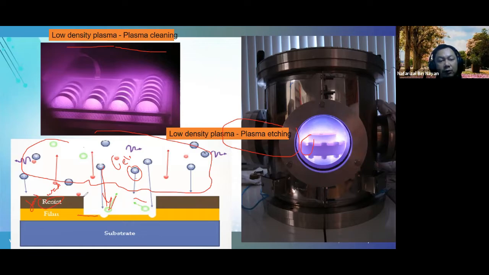The area that we don't want to remove is here, and the area that we want to remove, we expose to the plasma. When this area is exposed to the plasma, the plasma will react with this region and remove its material. So this is what we call plasma etching.